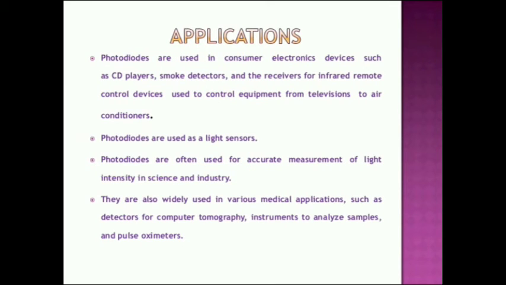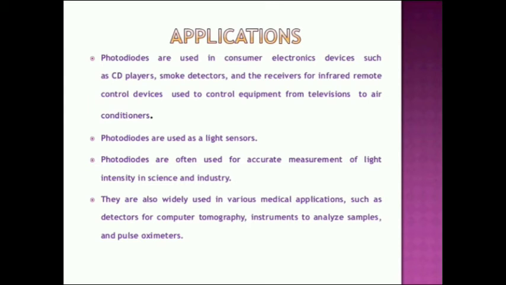Applications: photodiodes are used in consumer electronics devices such as CD players, smoke detectors, and the receivers for infrared remote control devices used to control equipment from televisions to air conditioners. Photodiodes are used as light sensors.